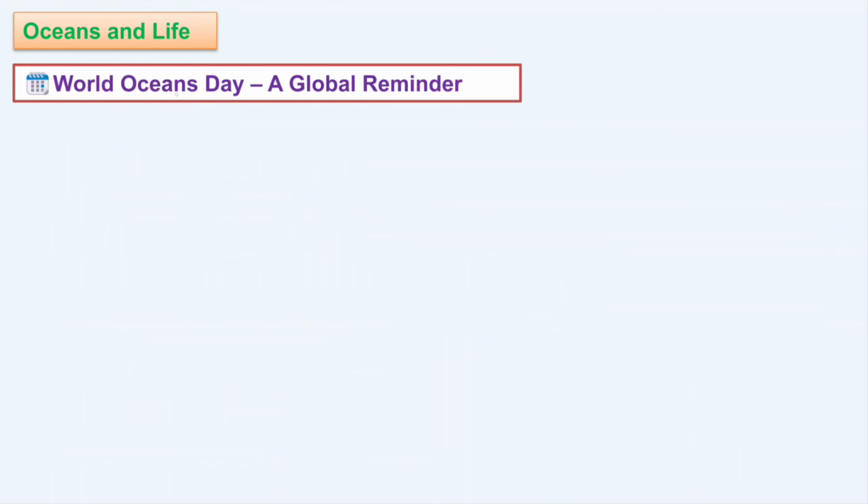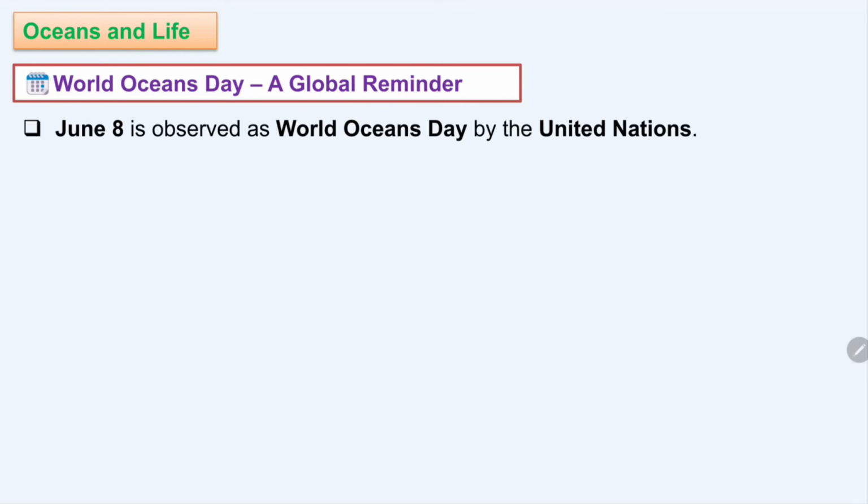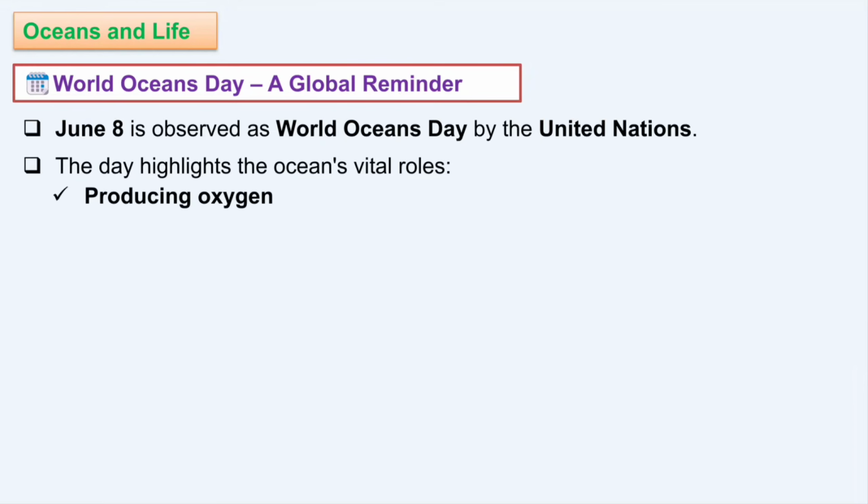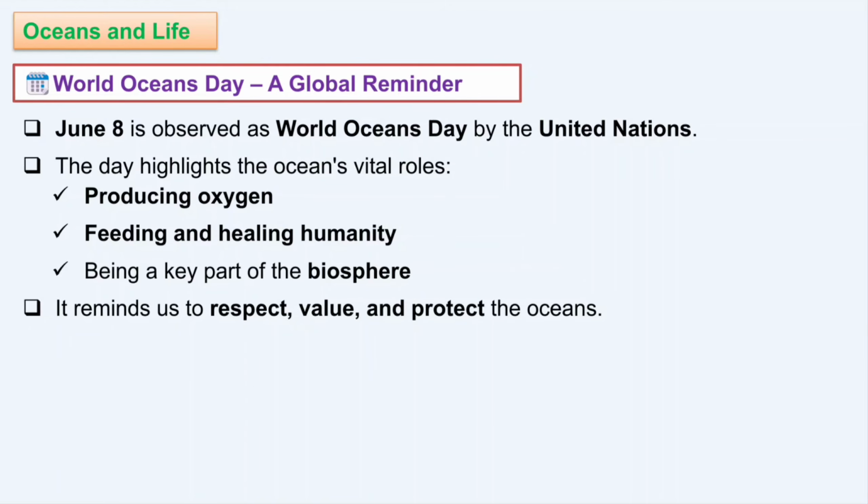So what happens? World Ocean Day is a global reminder. When is World Ocean Day? June 8. It is observed as World Ocean Day by the United Nations, and the day highlights the ocean's vital roles: producing oxygen, feeding and healing humanity, and being a key part of the biosphere.